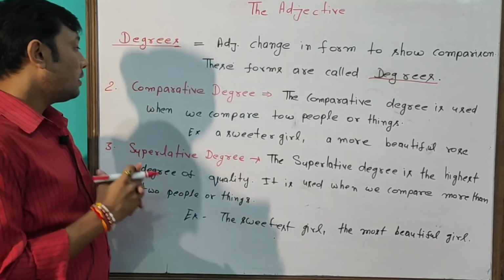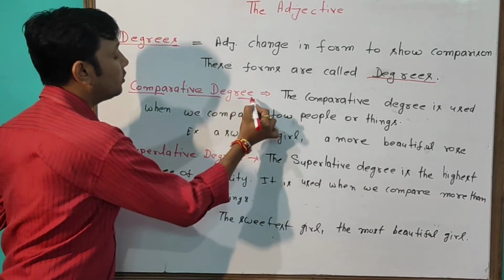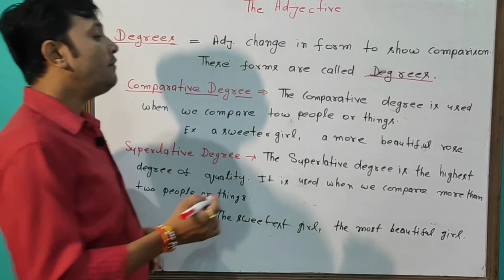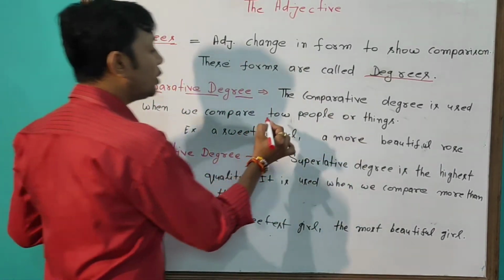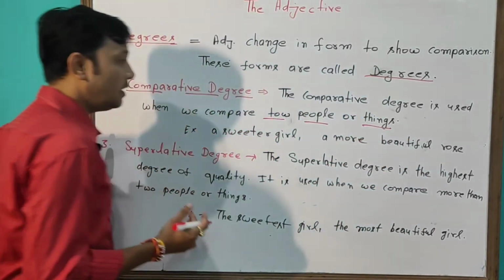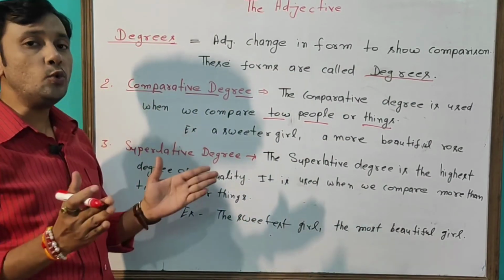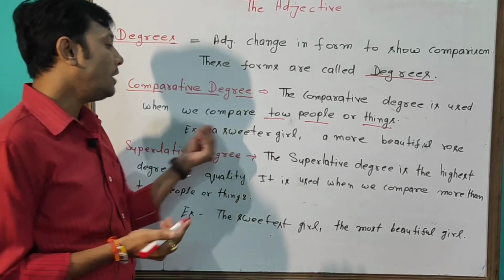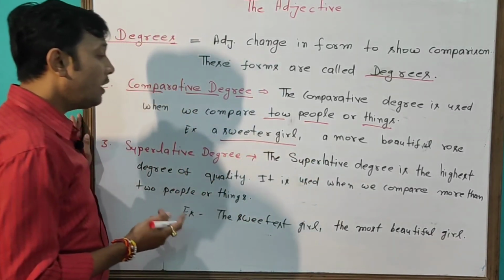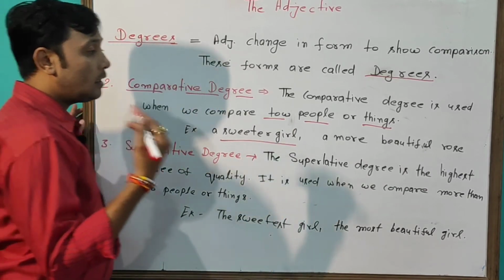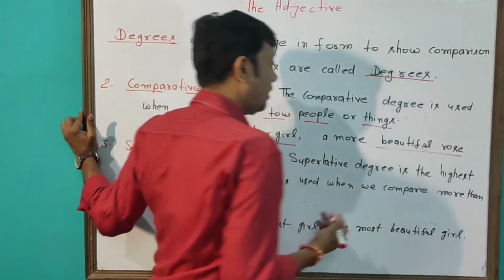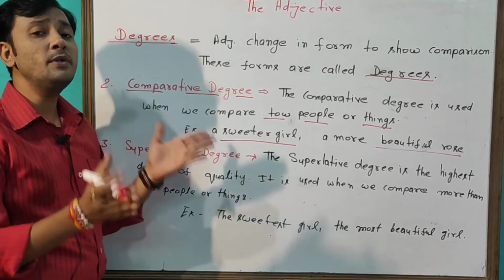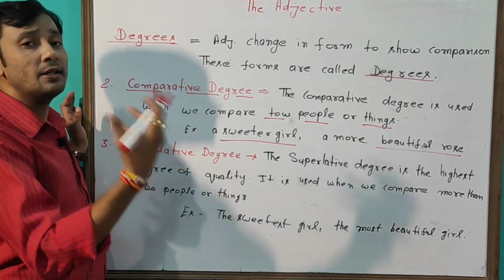Comparative degree. This is the second form of the degree. The comparative degree is used when we compare two people or things. When comparison is done between two things or two people, that time we use the comparative degree. For example, a sweeter girl, a more beautiful rose, or Ram is taller than Shyam.